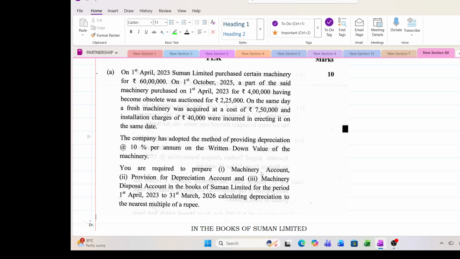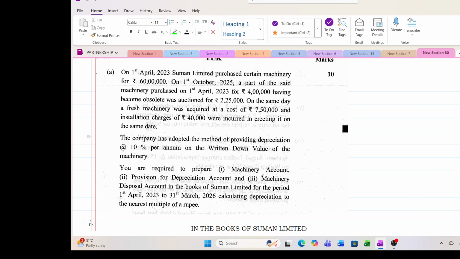But machinery is an asset, which will always have a debit balance. So when you are removing a machinery from that account, we will be crediting the machinery account and debiting the machinery disposal account. And in the machinery disposal account, whatever amount is fetched by auction or sale will be credited.